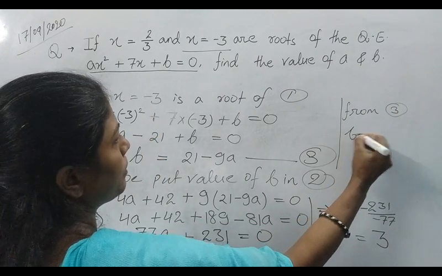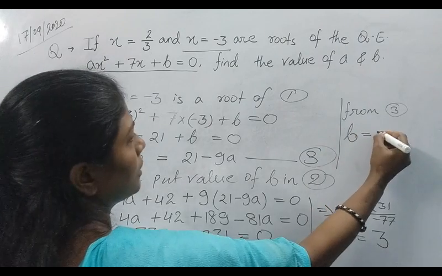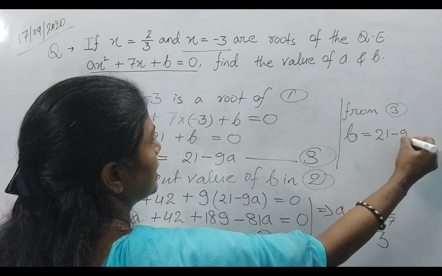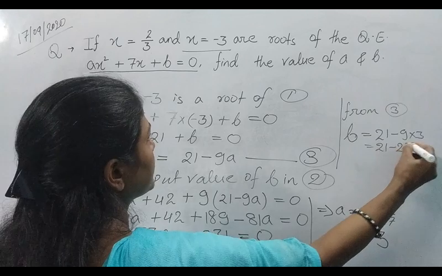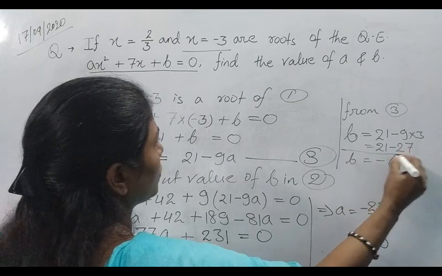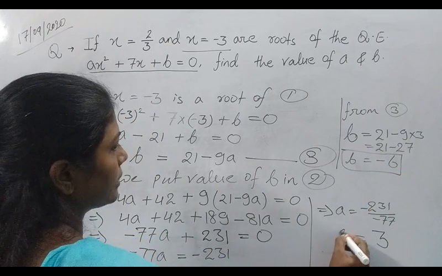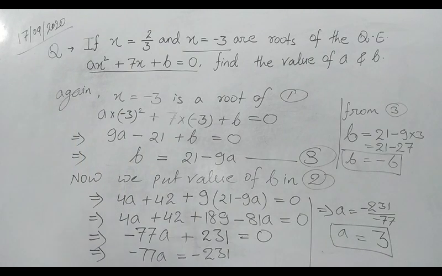So we get b is equal to 21 minus 9 into 3, that means 21 minus 27, we get minus 6. So this is the value of b and here the value of a. So for a quadratic equation, when two roots are given and in the equation two missing values are given, accordingly you can solve it.